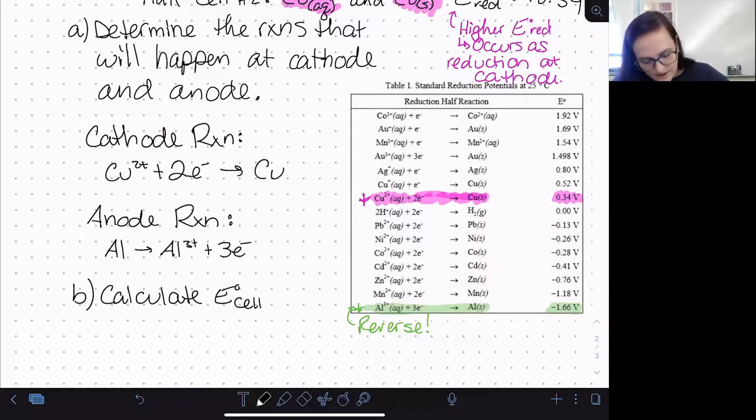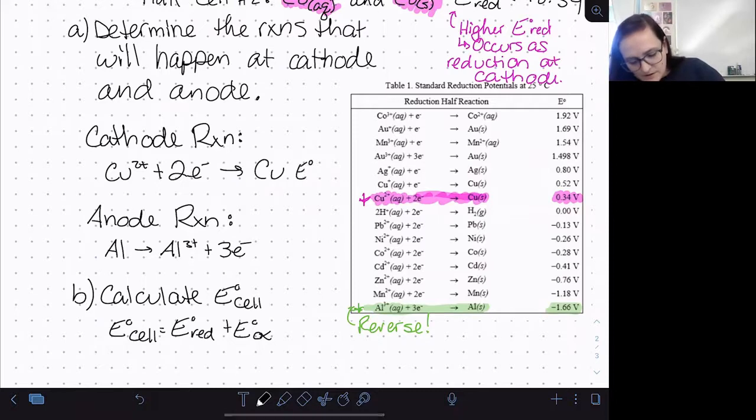So we know that E°cell is just equal to the standard reduction potential plus the standard oxidation potential. So our standard reduction potential is going to be exactly as we found it on the list for our cathode reaction. For our anode reaction, it's going to get flipped. It's going to get reversed.